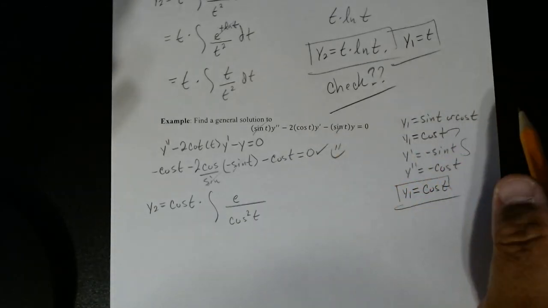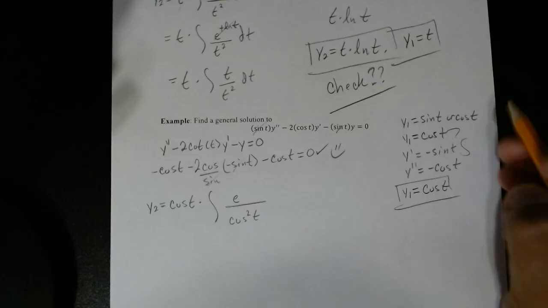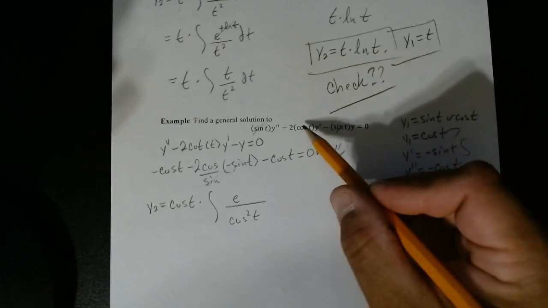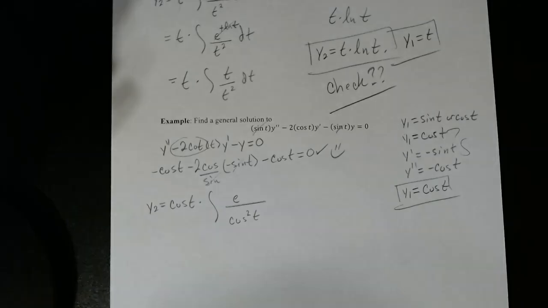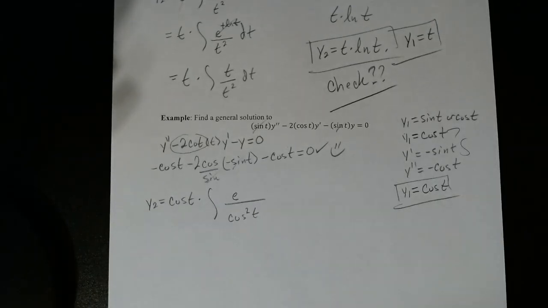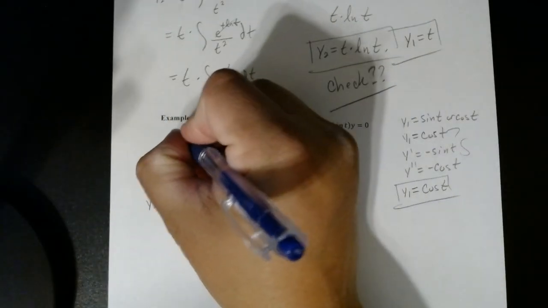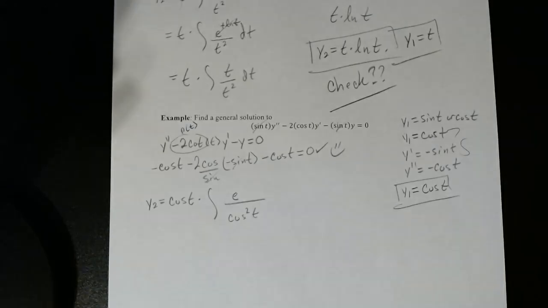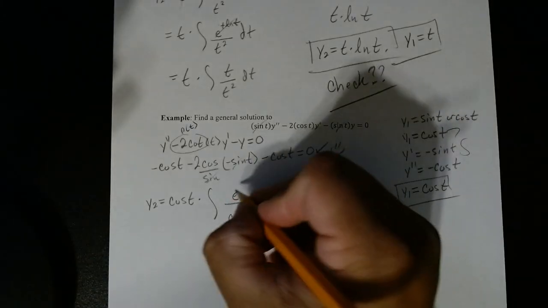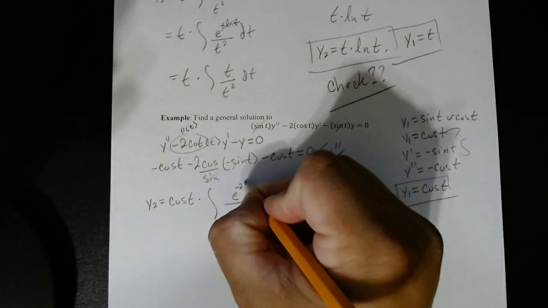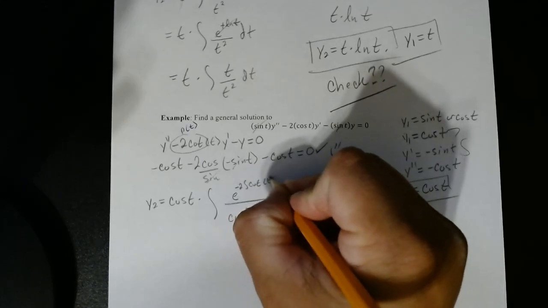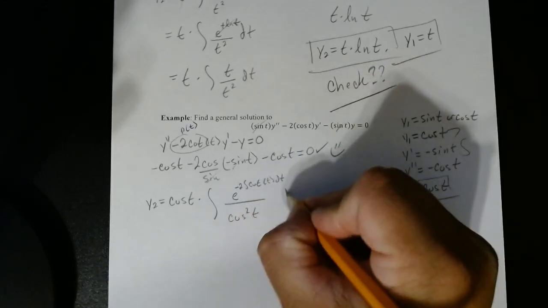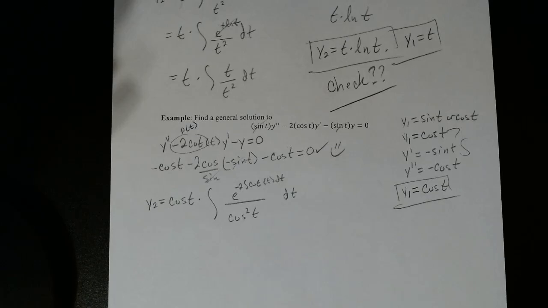All right, let's see. Yeah, I'm going to keep this here. So we're going to use this as p of t. This is the second reason why we want to keep that there.